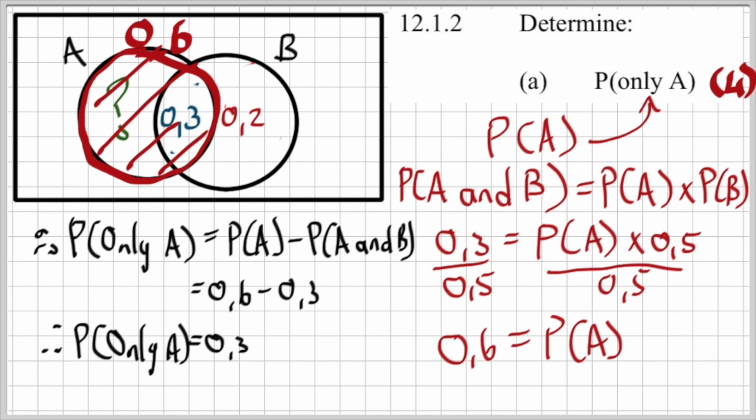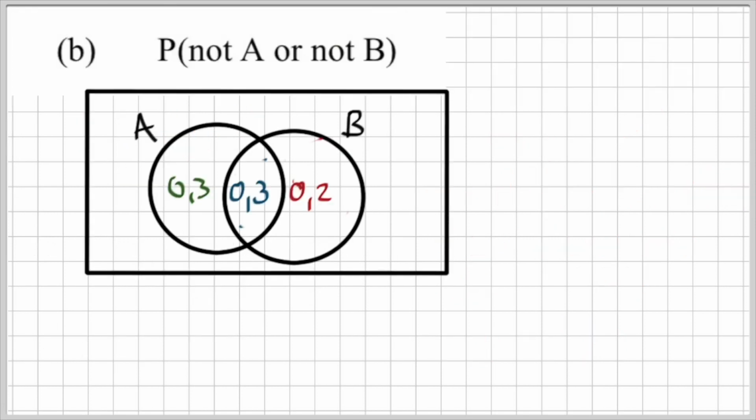And ladies and gents, I don't just go and write this down on the paper. I always transfer it into the sketch, because by transferring it into the sketch, I can now maybe read off something else from the sketch.